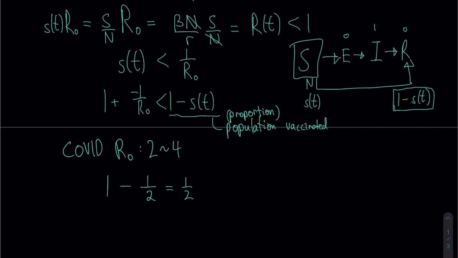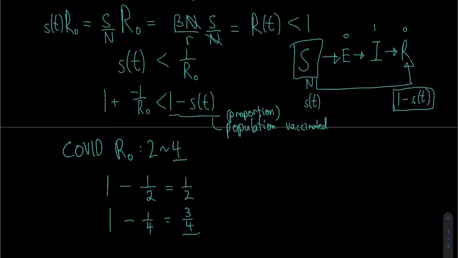But if we're careful, then maybe if we estimate R0 to be stronger, around 4, then we need around 3/4 of the population to be vaccinated in order to control the disease, in order to stop the disease from spreading. Of course, we want to err on the safer side, so we might want to go a bit over 75%.